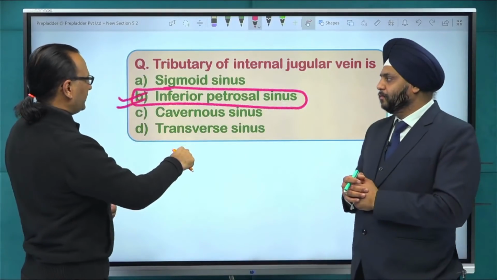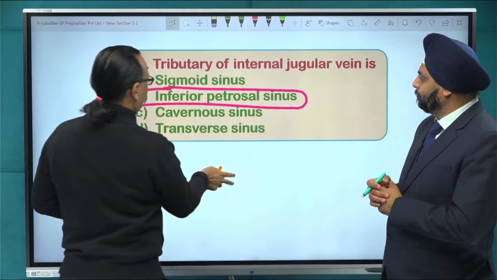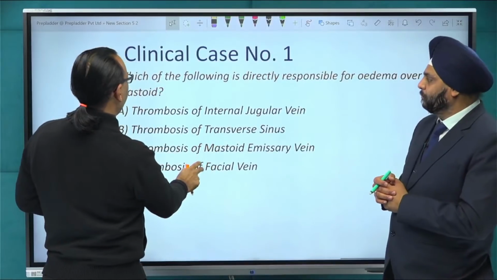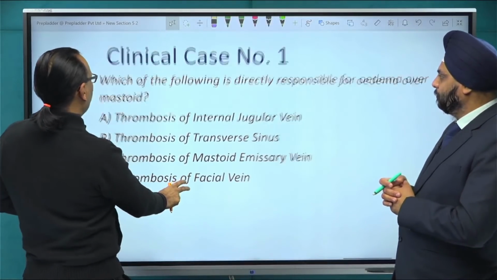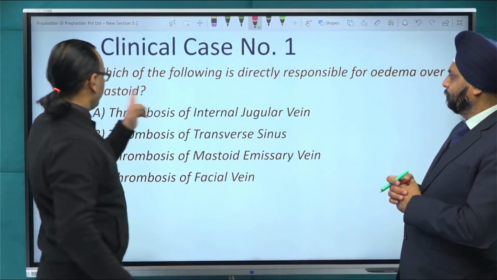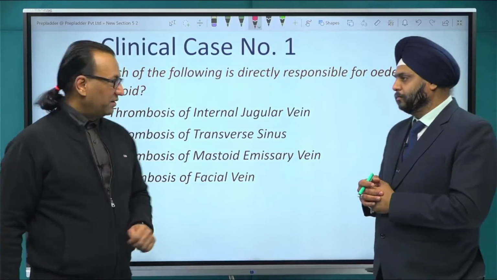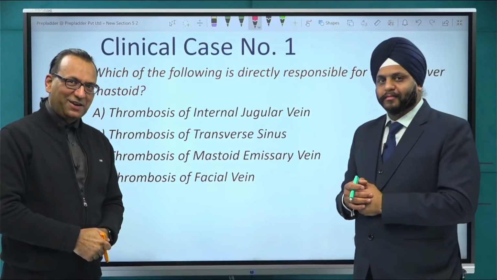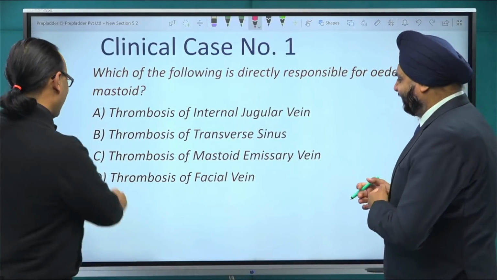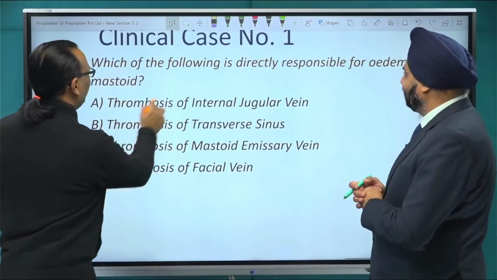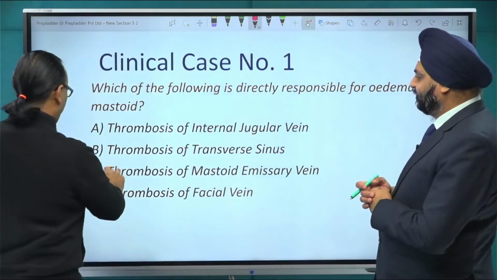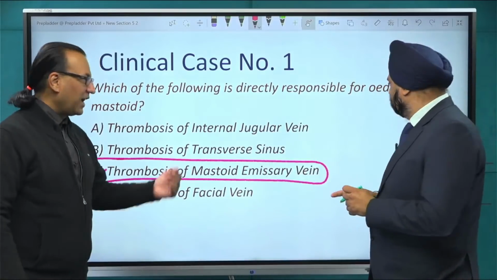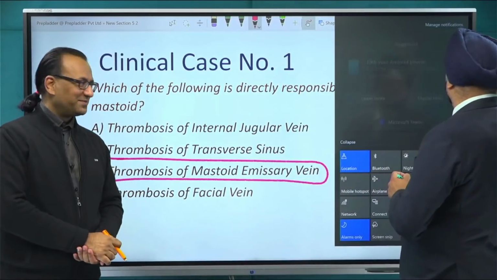If we go back to sir's question, which is the vein responsible for the edema over the mastoid, you already know, sir has already told, extramarital affair. So with whom? That is choice C here, which should be our answer. Okay, we can move on to the next question.